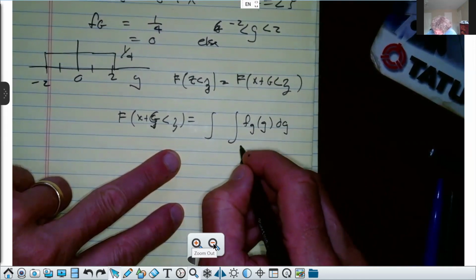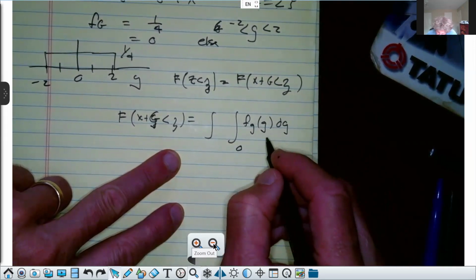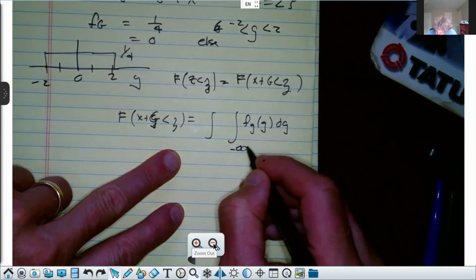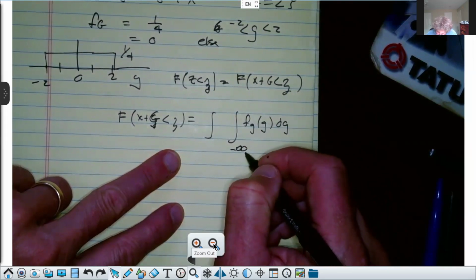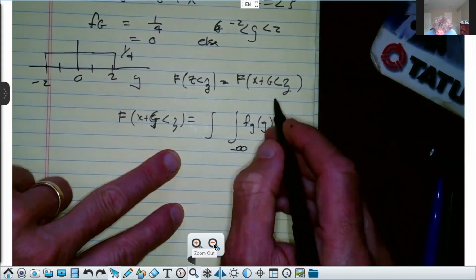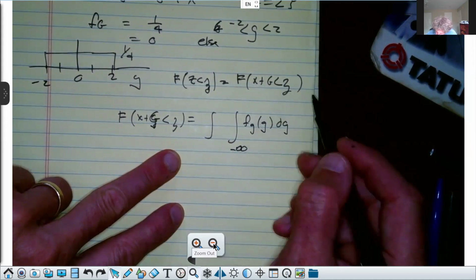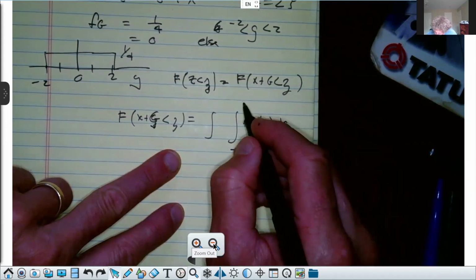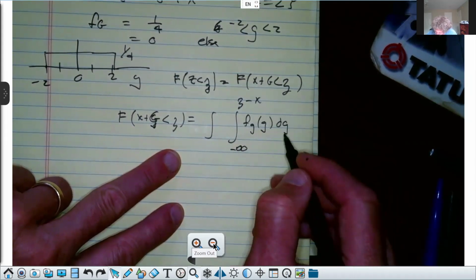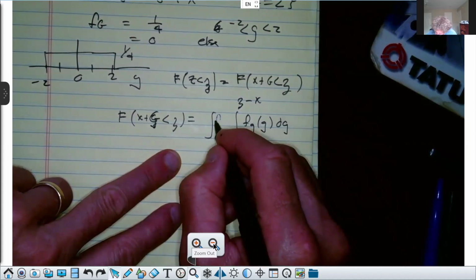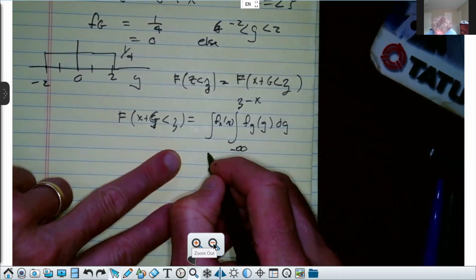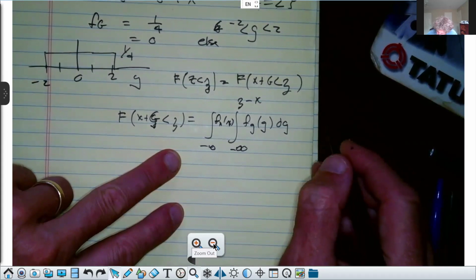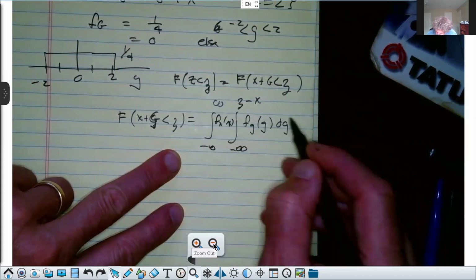And it's going to go from technically -infinity, even though a lot of that integration is going to be 0, to the value given here. So g would be equal to z minus x, and then it would be an f of x from -infinity, and x would go to +infinity and be dx.